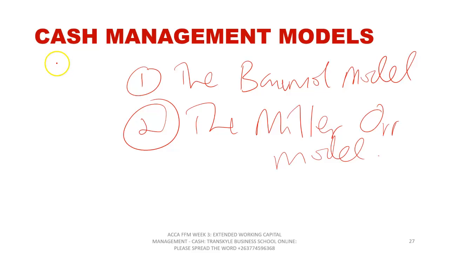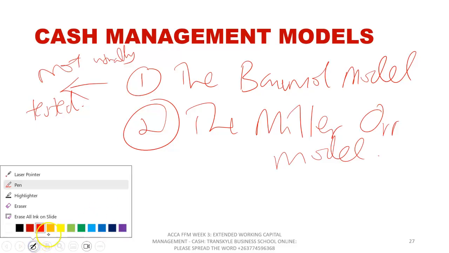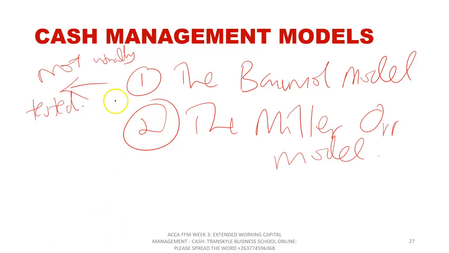This one is not usually tested, but it is still in the syllabus, so you need to master the concepts. In short, this model is of the same orientation as the EOQ model.